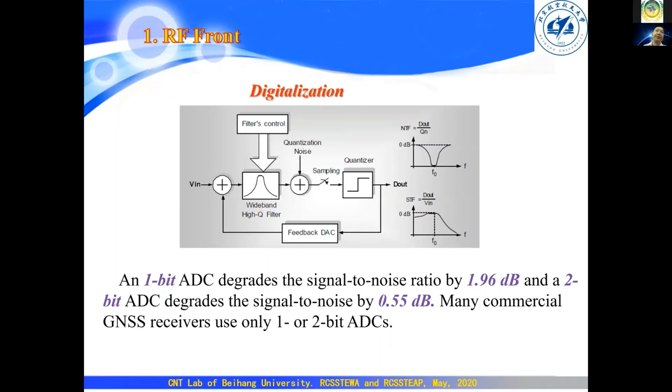and then digitalization. I will say something about digitalization. When you receive the GPS signal, it is just a sine or cosine wave with data modulated on the phase by, for example, BPSK modulation.